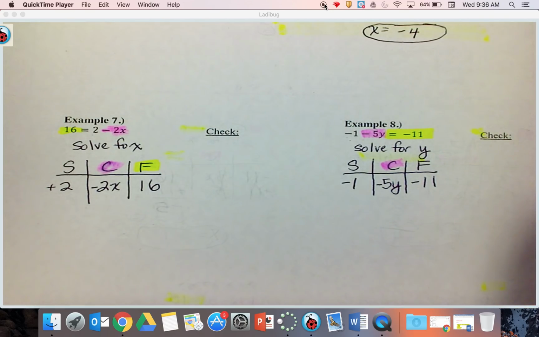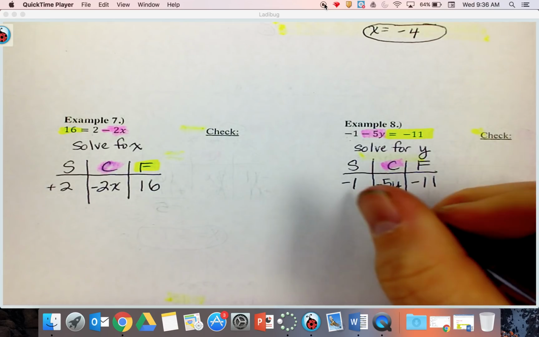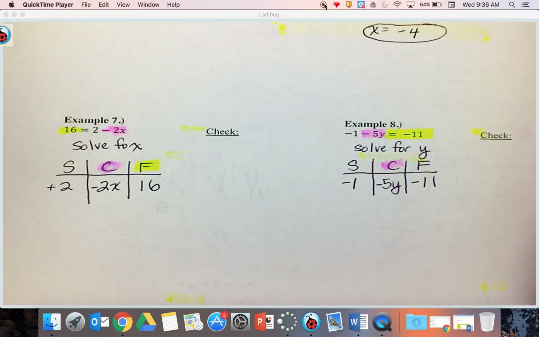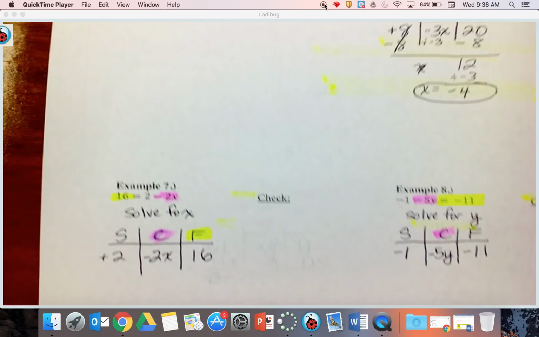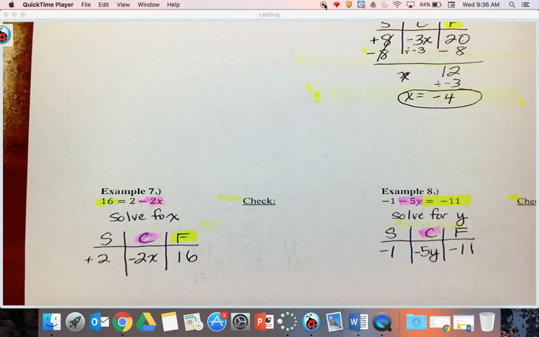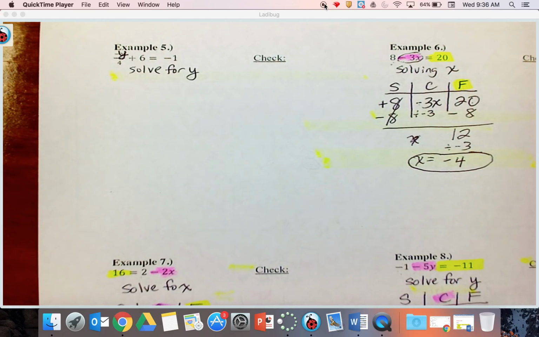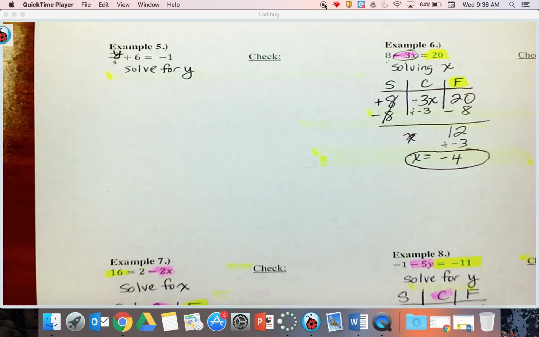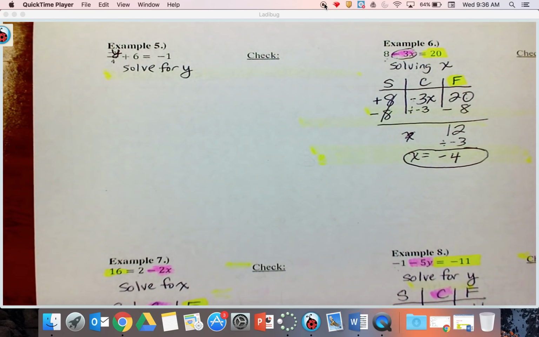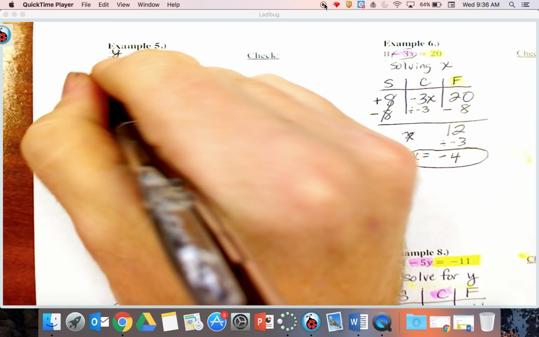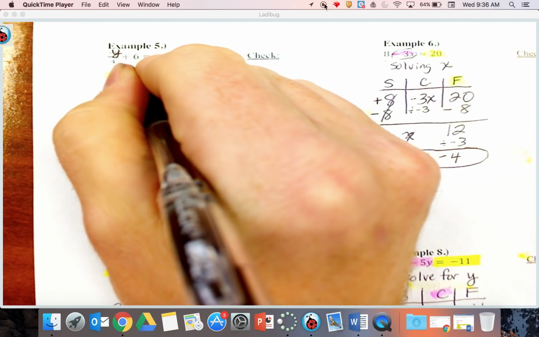So remember, if you set it up there just like it is, you can now be able to begin to solve it. Okay? Now the only one I did not set up for you that you have there for you is example 5. So we can set that one up here real quick, and then you can solve these, and you ask Mr. O and I'll check it for you. So you have it set up, start, change, and finish.